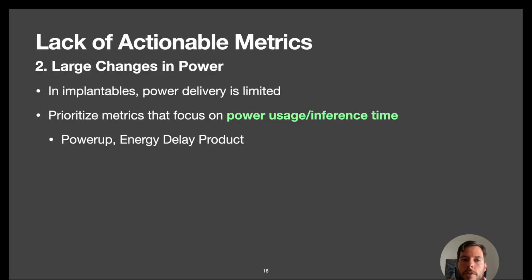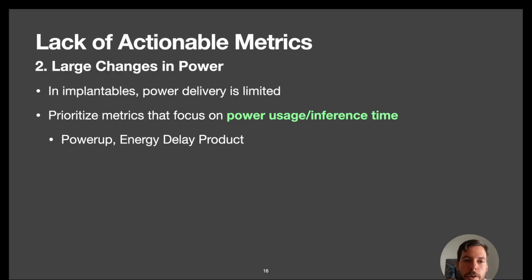Then another actionable metric could be ones that mark large changes in power usage. This is especially relevant for our context because implantable power delivery is limited, as we said before. So we could take metrics that reflect these changes in power delivery with numbers that are easy for a developer to interpret.